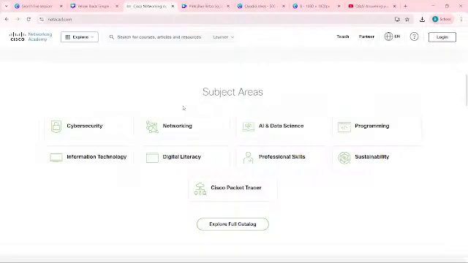So these are the areas that you can focus in. I'm answering a question for cybersecurity, but you can also look at it from your point of view. For cybersecurity, they have courses, networking, AI and data science, programming, and in programming, they have Python programming, information technology. And for those of us who are new to IT, I would want you to take a look at this information technology course.